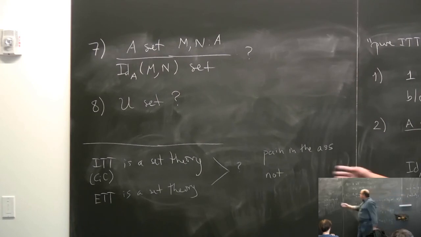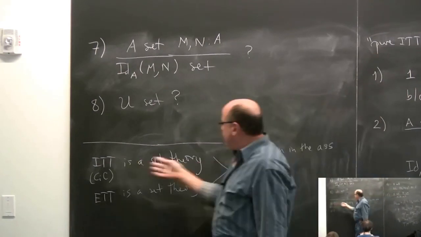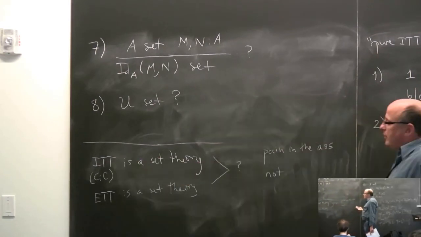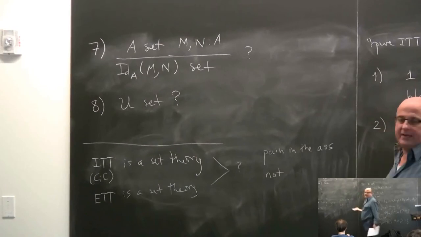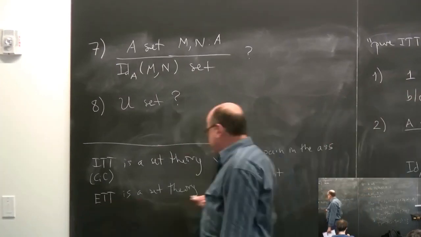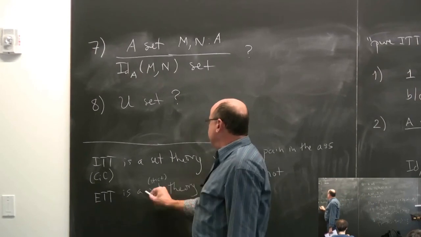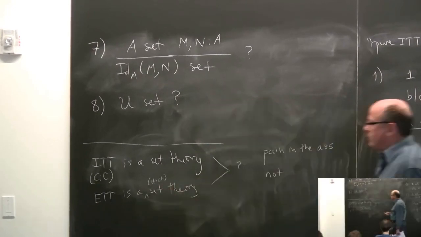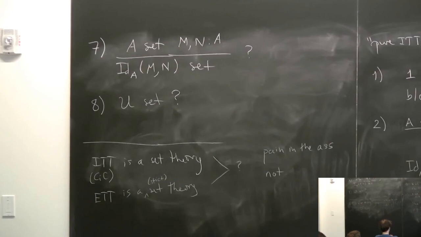Historically, in ITT you were paying all the price of higher dimensionality without having any of the benefits, because it wasn't exploited. Whereas ETT is really a strict set theory, meaning that it's not even up to higher homotopy; it's defined strictly that all the types are sets.